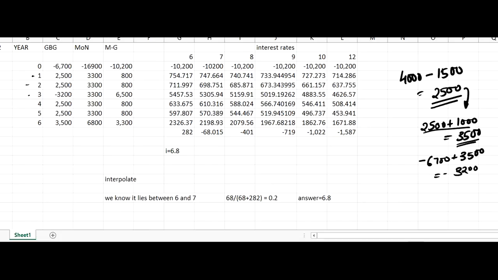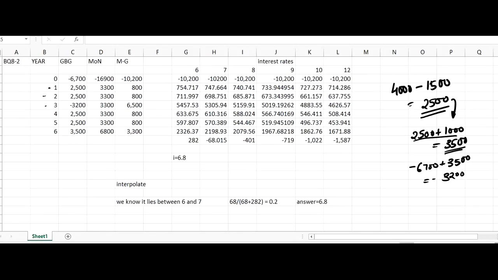Now we'll see the MON. You have the initial cost as minus 16,900. Again it is similar to what we have done for GBG. For the year 1 for MON you will calculate it with the annual benefits for MON as 4500 minus the annual operation cost given as 1200, so it will give you a value of 3300.